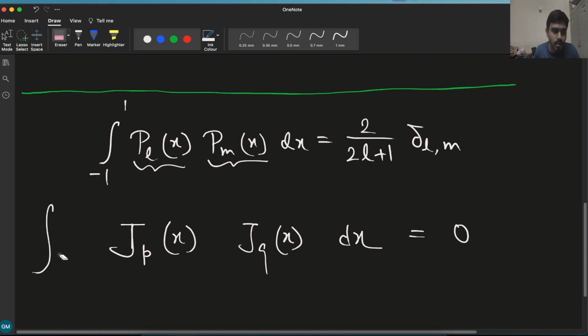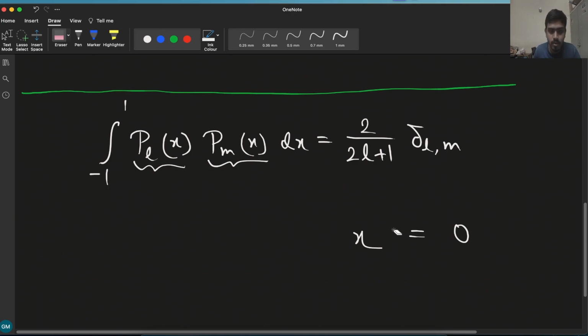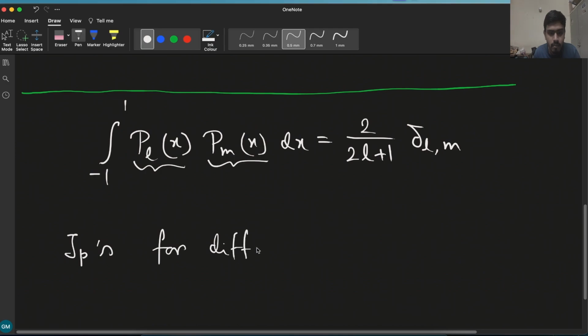I'm just stating that the Bessel functions of the first kind J_p for different values of p are not orthogonal.